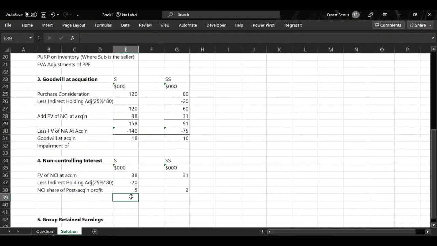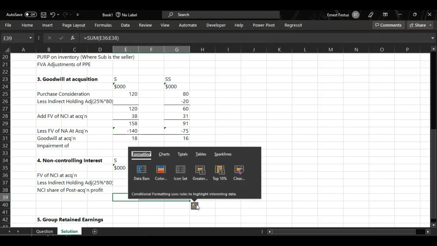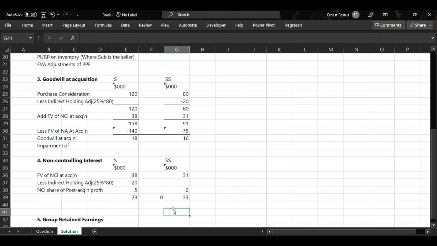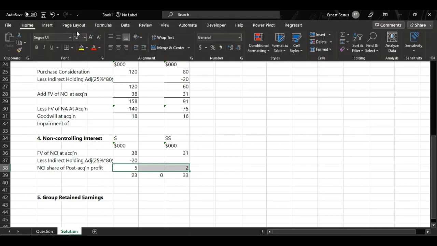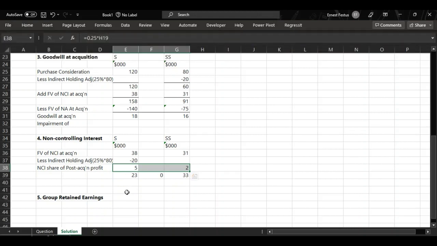Then we can just add everything together, Alt equals, and copy my formula to the right. Alright, so this is it. I'll come to home and insert some border to make our work clearer.